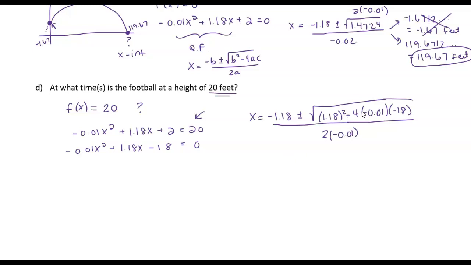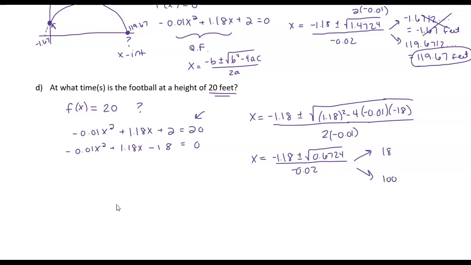Once again, go ahead and just figure out what this inside part is here. Okay, so I believe, let's see here, that is 0.6724 when you do the inside, the b squared minus 4ac. Okay, and then work on the top and then dividing by the bottom with the plus sign and then with the minus sign and get your two answers. So you get an 18 and you get a 100.